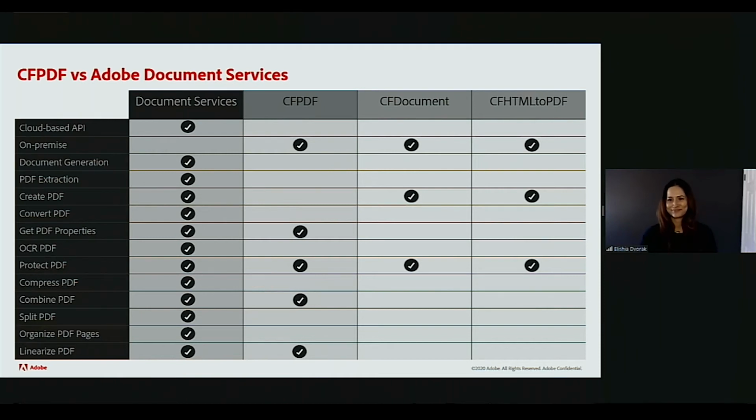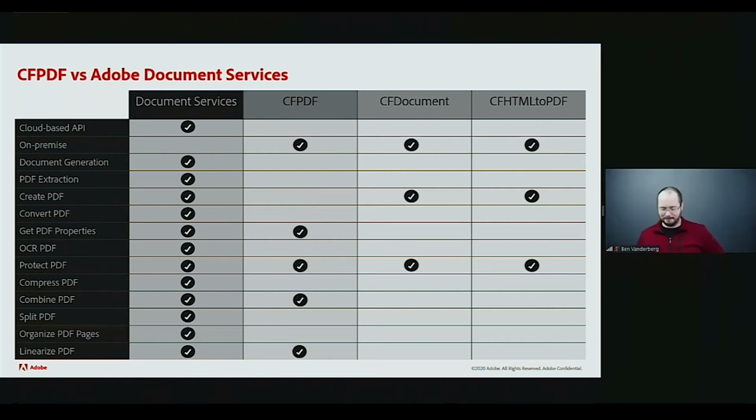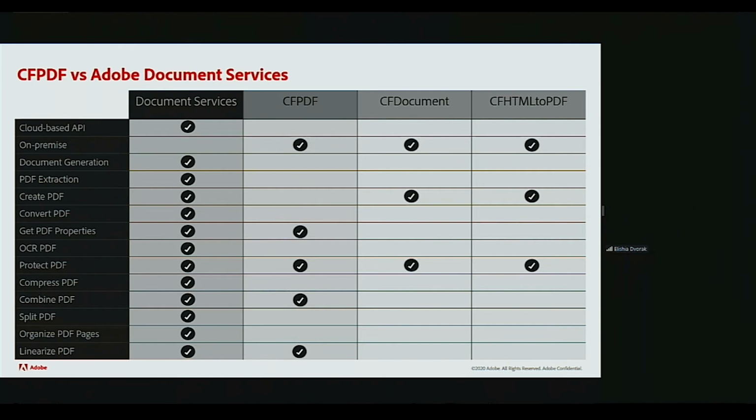Appreciate it. No problem. Okay, so everybody here might be very familiar with ColdFusion. So I thought what I would do is show you a little bit of capabilities in the context of what's available in Document Services, and then what type of features might be also aligned with ColdFusion on the ColdFusion side.